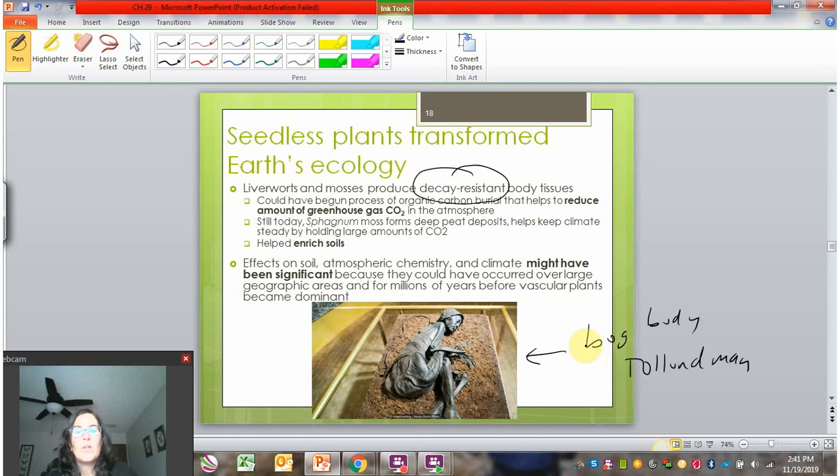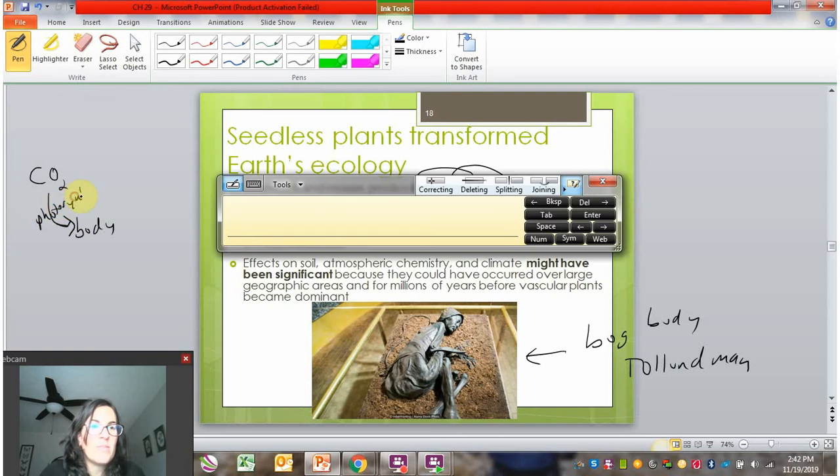And so the tissues of liverworts and mosses oftentimes are maintained for a really long time. And so when they are holding their tissues, they're not decaying, the CO2 that went into their tissues doesn't get re-released. So for plants that break down quickly, they absorb CO2 into their bodies through photosynthesis.